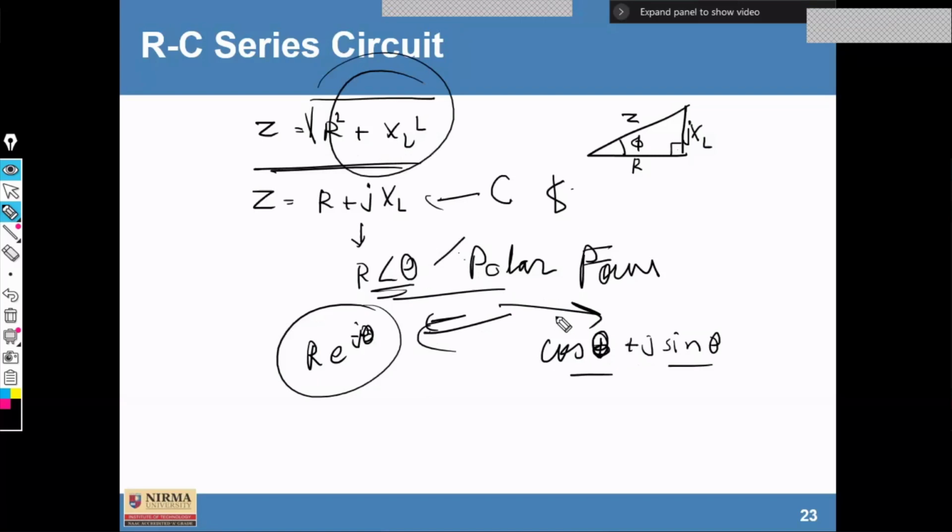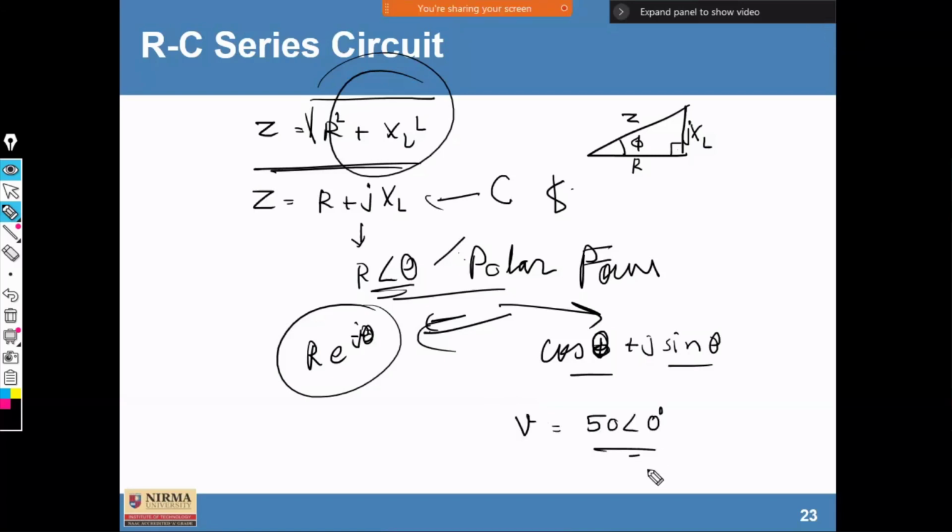These conversions matter because sometimes the impedance is given, or the current is given, or the voltage is given. Suppose voltage V is given as 50 angle 0 degree, like this. So this is the magnitude here, and this is the angle at which it is acting. Fine. Suppose VC is given like 50 angle 90 degree. The meaning is what?